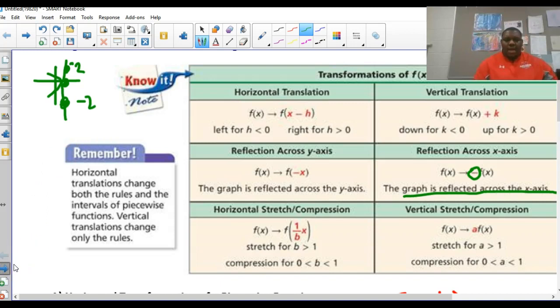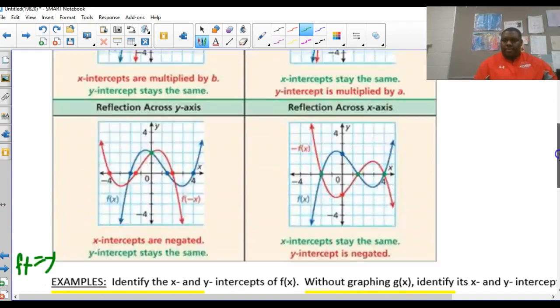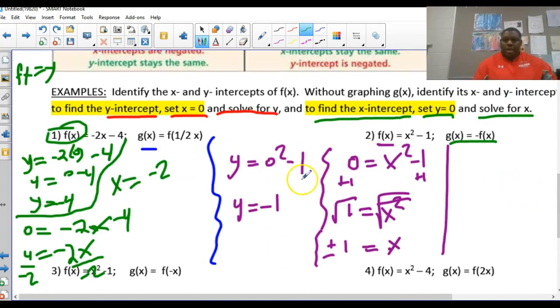So when we go back to our equation and manipulate this, again, the x's didn't change. So the x-intercept over here is still x equals plus or minus 1. But the y-intercept has to change. Now you also know that, see how that's a negative out front? That means that's a negative y.